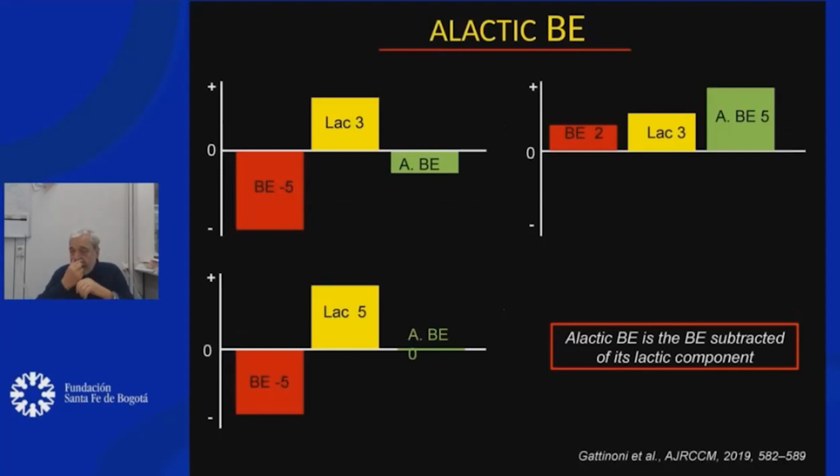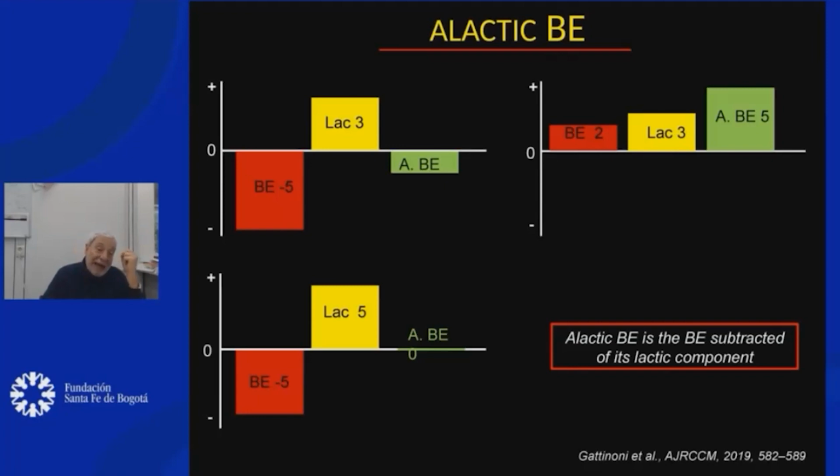I suggest you take the base excess and introduce this concept, the alactic base excess. Let's see. I have a base excess of -5. Lactate is 3. If I make the sum -5 plus 3, I have the alactic base excess. That means the amount of decrease of base excess which is not justified by the lactate.